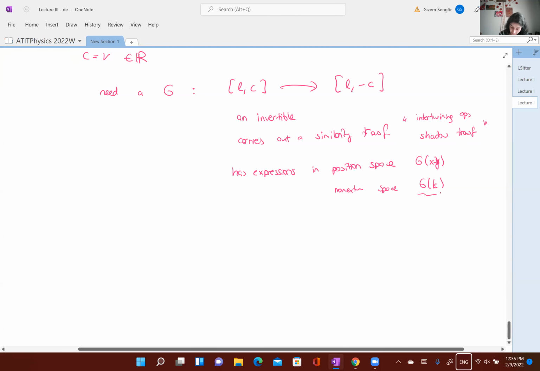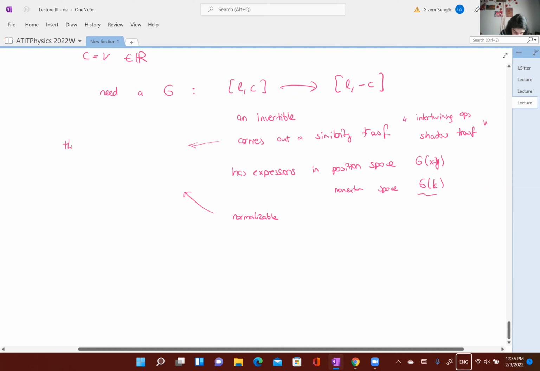But now, we said this is an invertible operator. It's also normalizable. Now these two steps you need to be careful with, that it gives you back a similarity transformation and that it is normalizable.